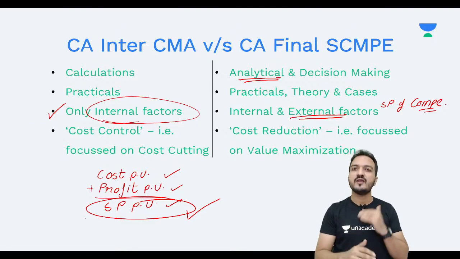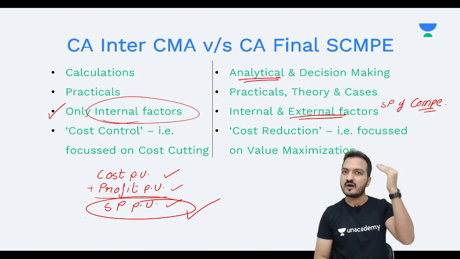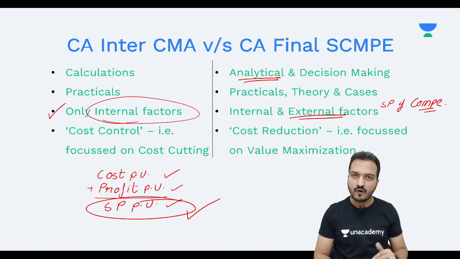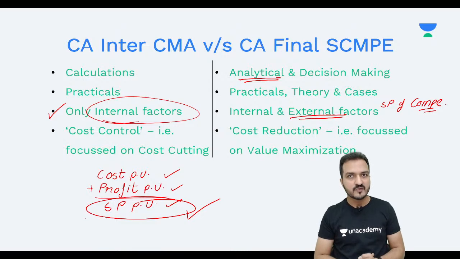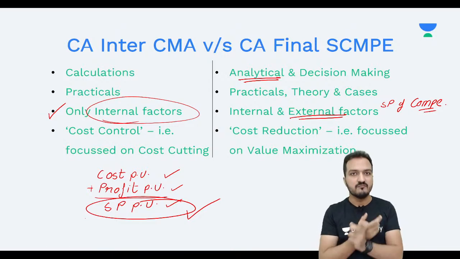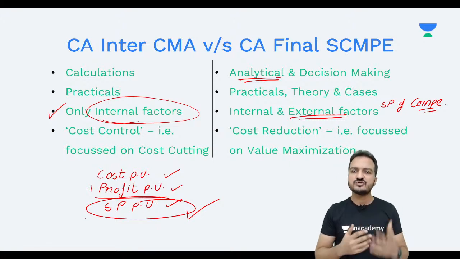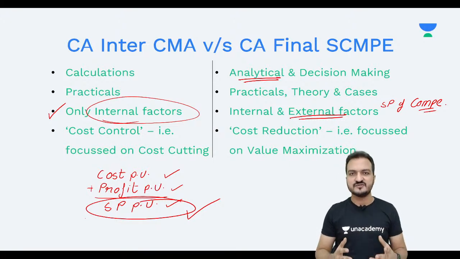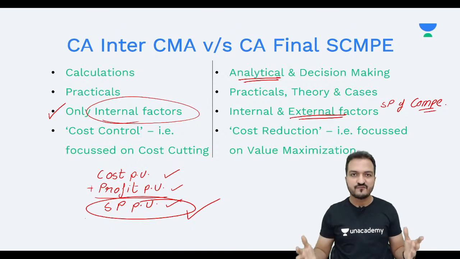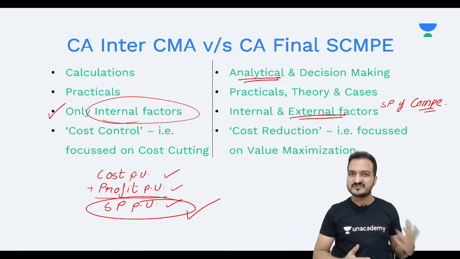If you charge a very high selling price, then your demand will fall. Demand will fall, eventually your profit will fall. So external factors like demand, competitors, government regulations or many other external factors also should be considered while taking your costing decisions.